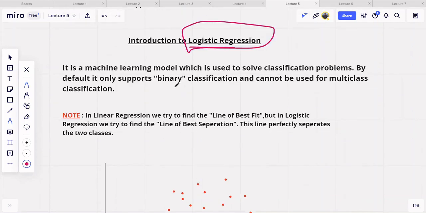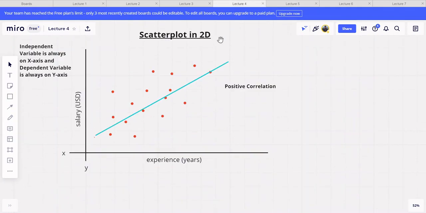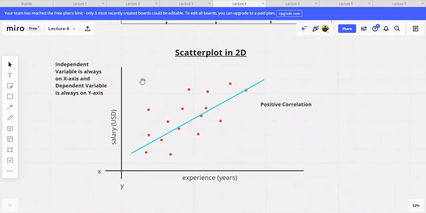Now in linear regression, what we are trying to do is find the most optimal line of best fit that will summarize this data set. In this data set we drew this line from the center of the scatter plot, because it summarizes the entire data set, and it predicts the continuous variable in the most optimal manner.